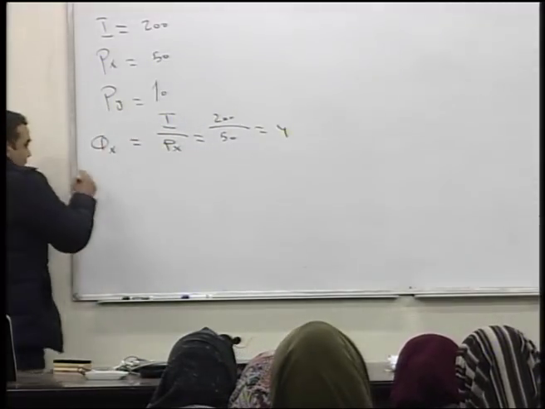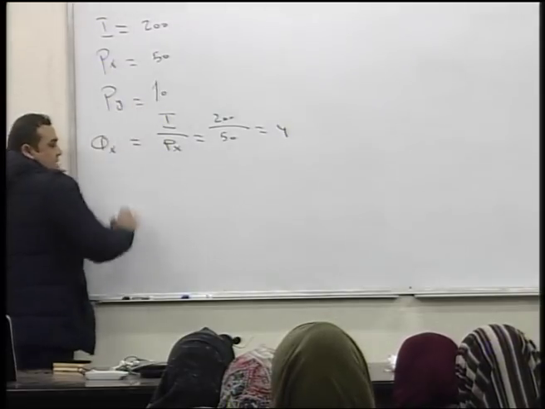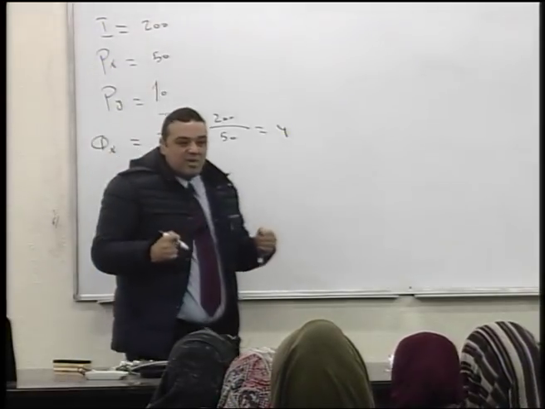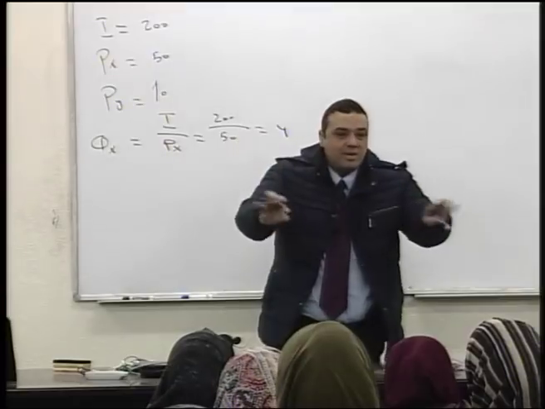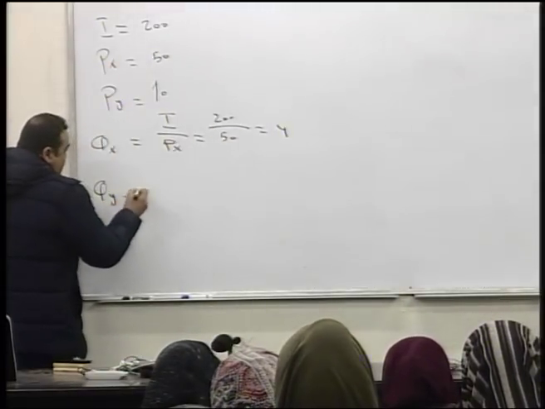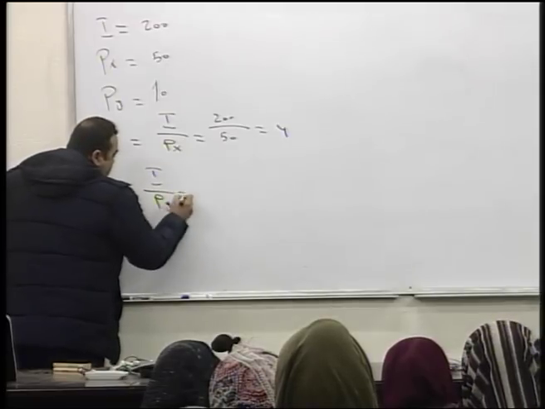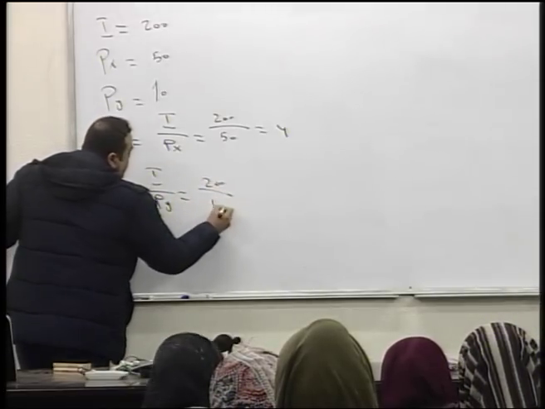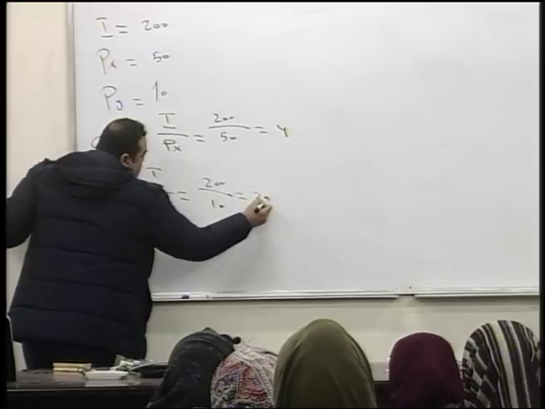And let's assume that the consumer will allocate his income to buy only Y. In this case, the QY equals income over the price of Y equals 200 over 10 equals 20 units.